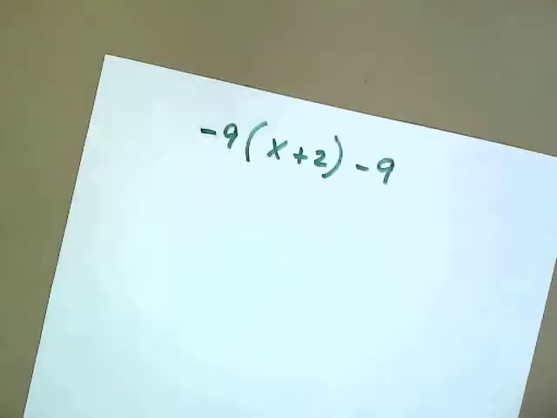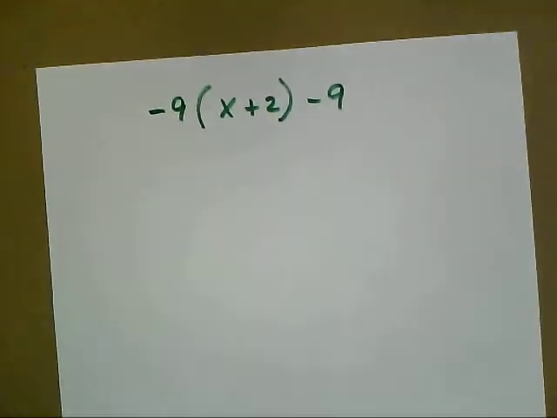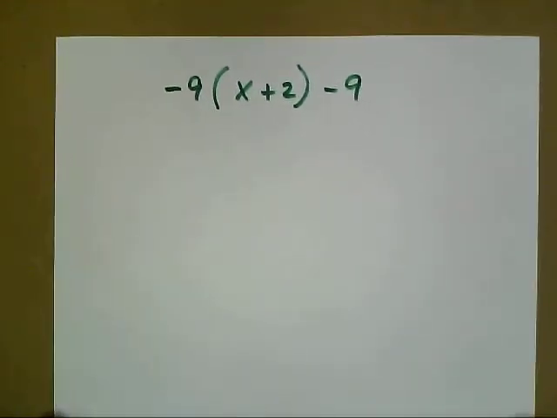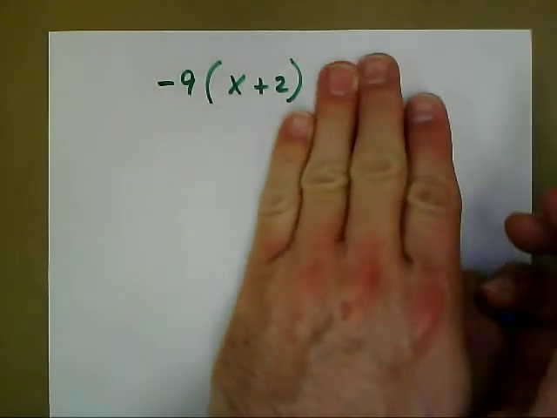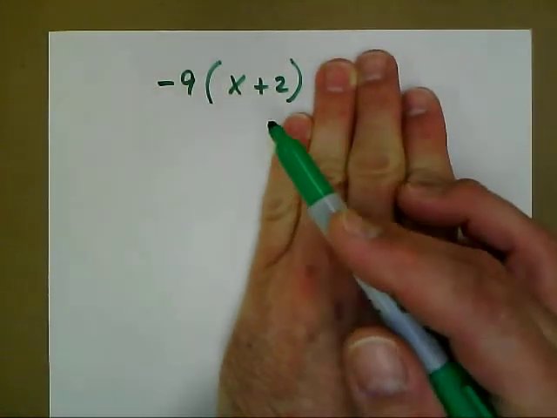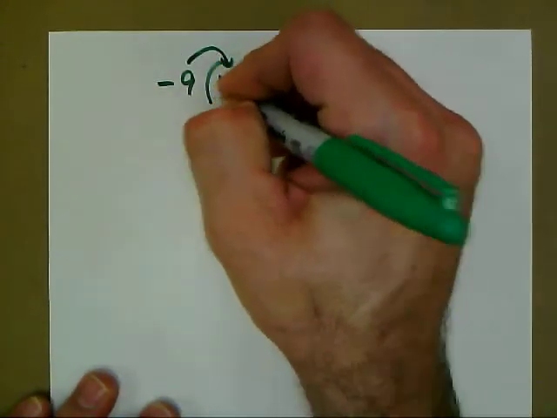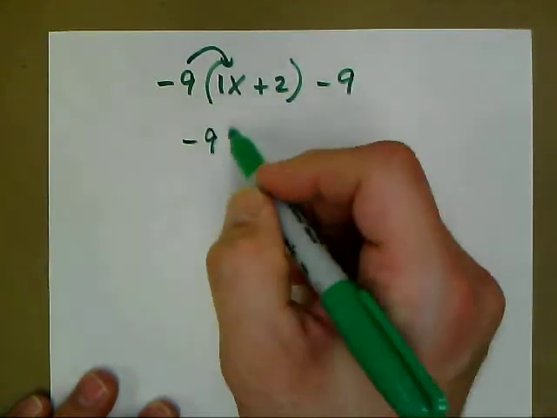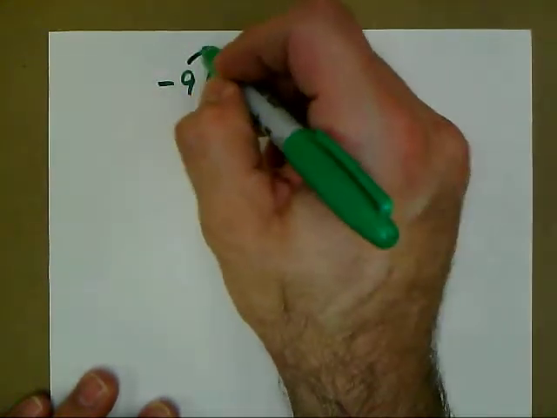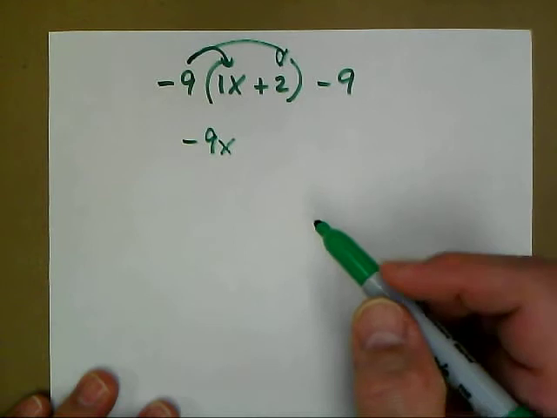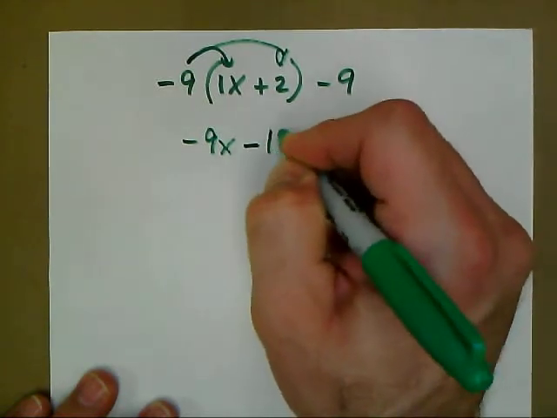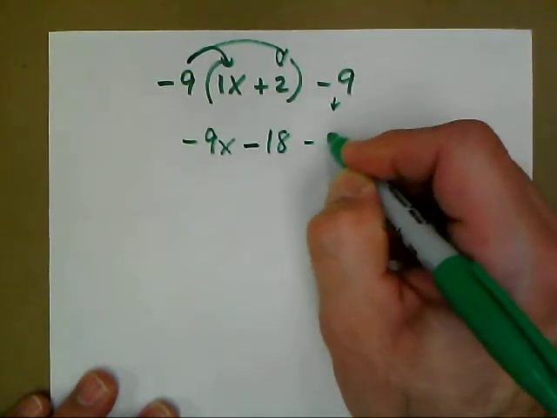On to number 5 now. So we'll take a look at this once again. We're not focusing on that. We're just looking at the distribute part first. So -9 times 1 is -9. Add the x's, it's x. -9 times 2 is -18. We did not use the -9, we just bring it down.